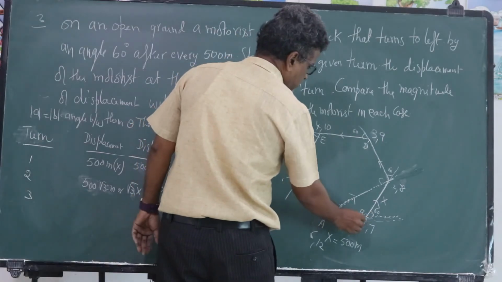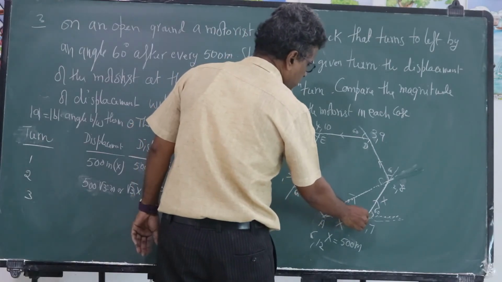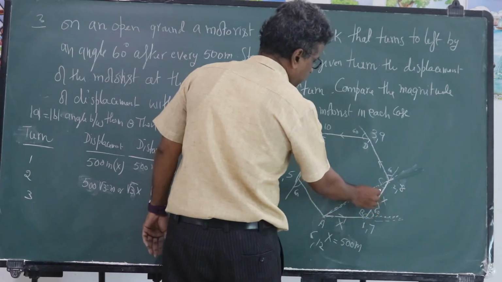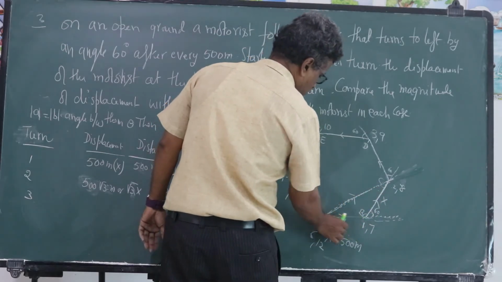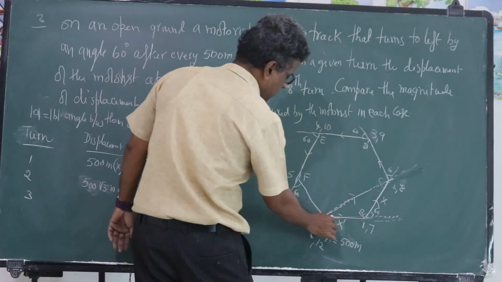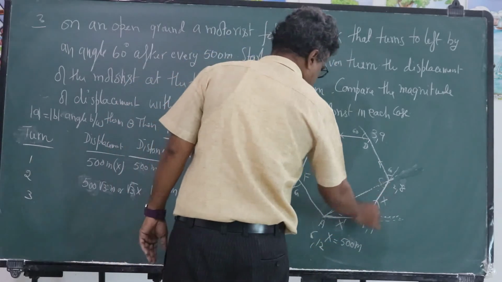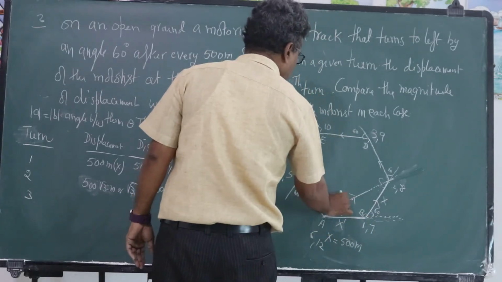So this is 120. This is also 60. This is x. The resultant will be root 3x.